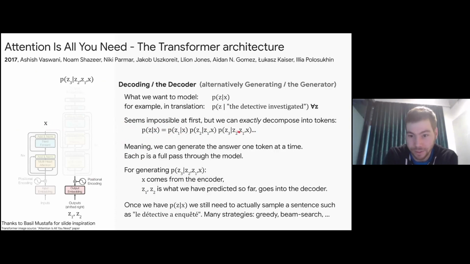For example Z1 and Z2, the first two tokens in Japanese that we have generated. These are the inputs to the decoder, and then the decoder outputs a probability distribution over the third token. Like how likely is each of our vocabulary tokens.